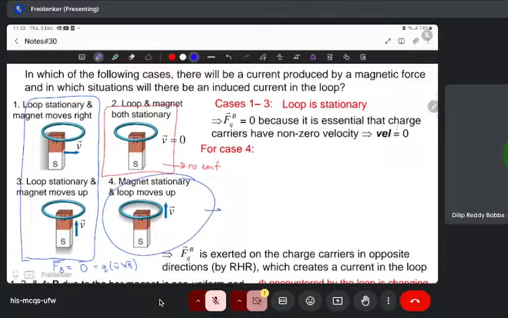But here the loop is moving, so v is non-zero. So that is what they're telling. In cases 1 to 3, force due to magnetic field is 0 because the loop itself is not moving. Only in case 4 the loop is moving. So velocity is non-zero, and therefore force due to magnetic field is also non-zero.